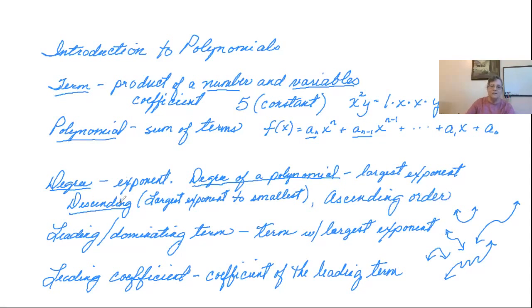You know that if you're descending a staircase, you start at the top and work your way down. If you're ascending a staircase, you're starting at the bottom and going up. Same kind of thing. Your leading or dominating term is whatever term has the biggest exponent. And your leading coefficient is the coefficient from the leading term.